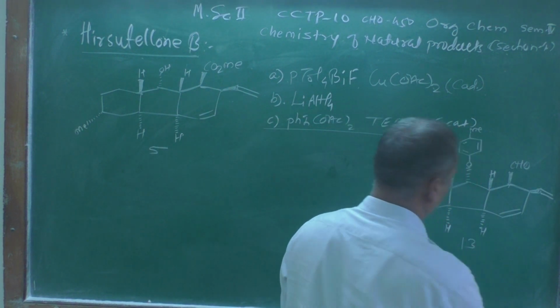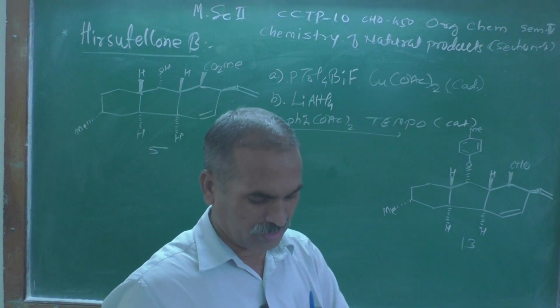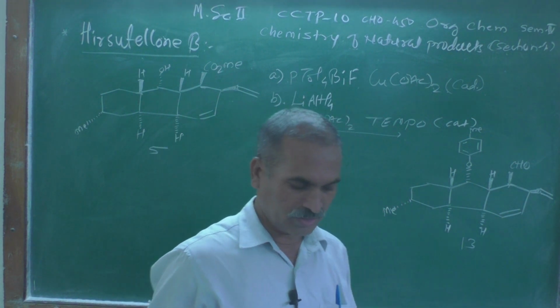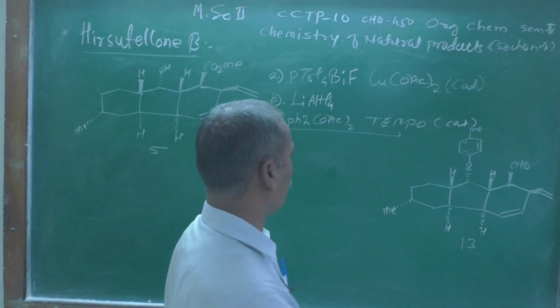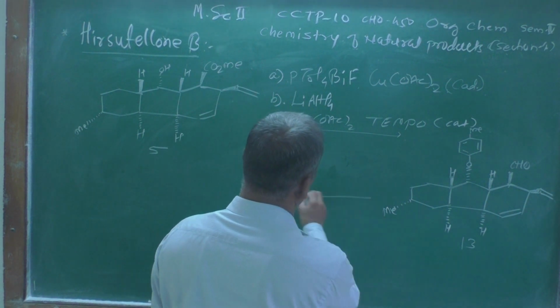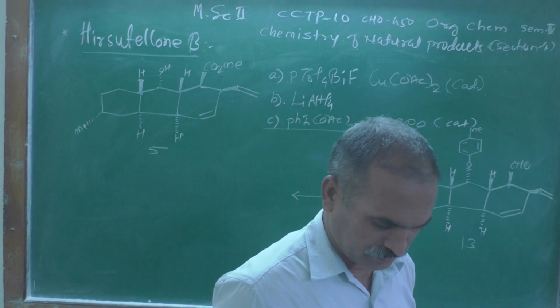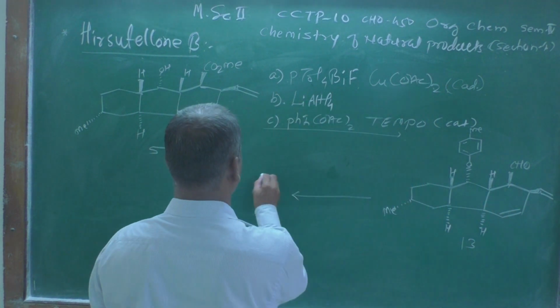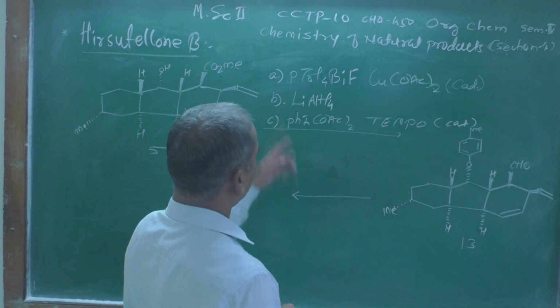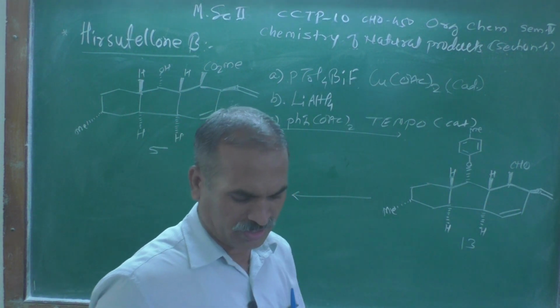This structure is known as structure number 13, because 12 structure we already got over here, and this compound is further treated with a reagent like D reagent. Here D reagent we are adding, because A, B, C now is a D reagent.